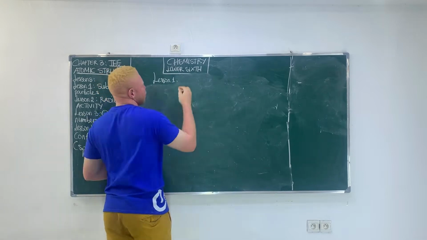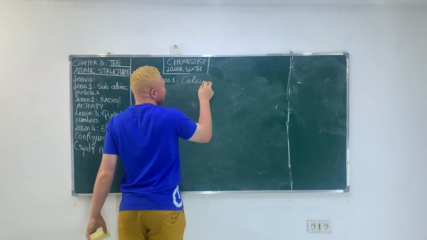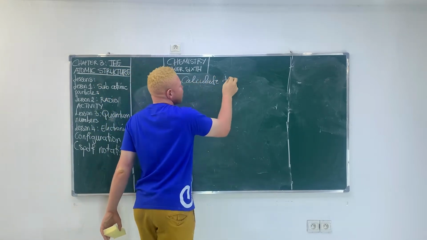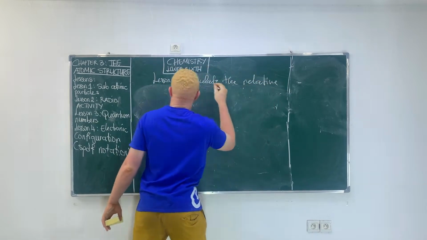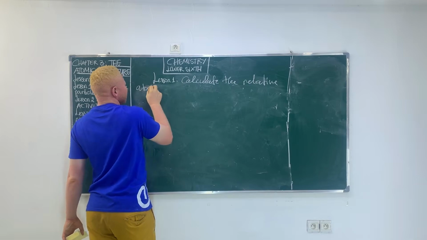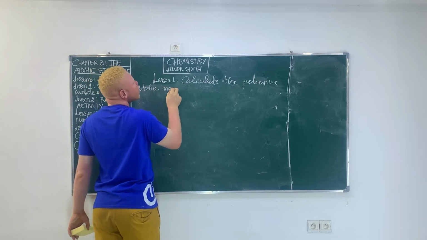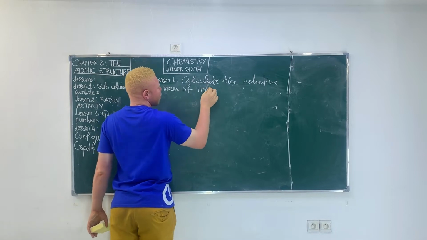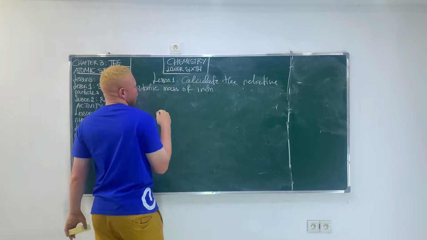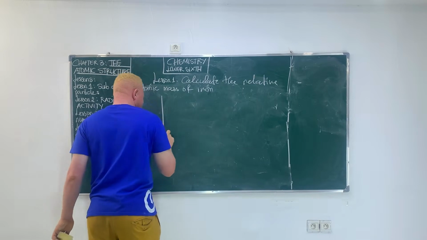Calculate the relative atomic mass of iron. So they gave us a table, they gave us a graph.